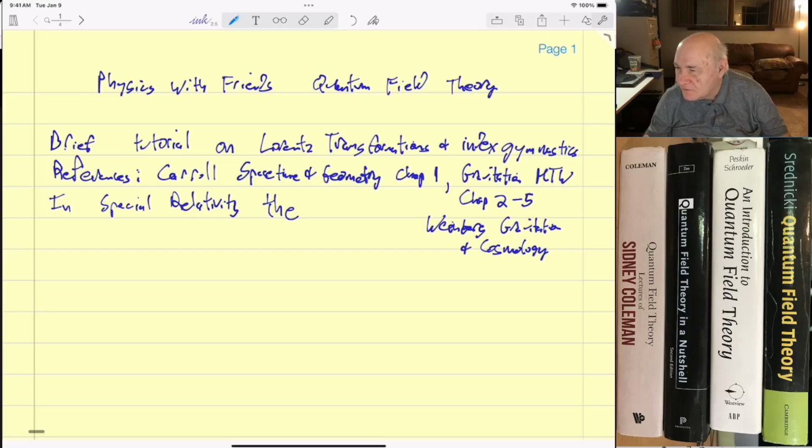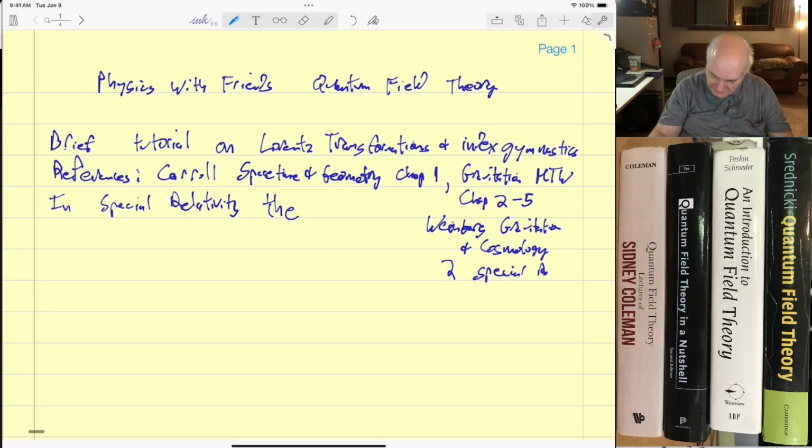But anyway, he does these manipulations the same way, and has a treatment in his early chapters, chapter 2, on special relativity. There are a million more references, but I recommend the general relativity textbooks, early chapters. They do a really good job on special relativity.